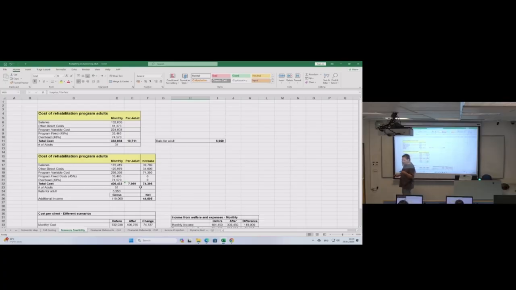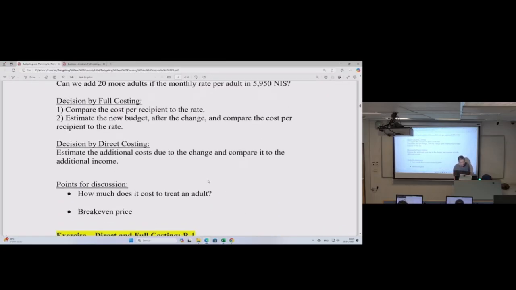Even after the change, each adult will cost us 8,000, but we will get only 6,000, which still seems to be not feasible economically.